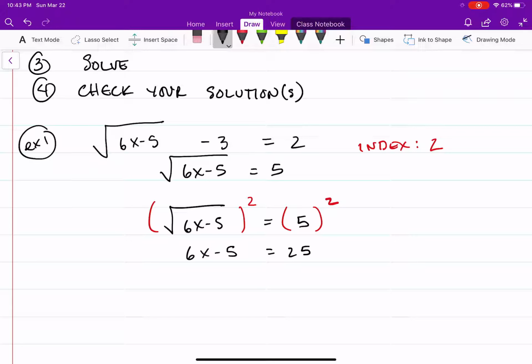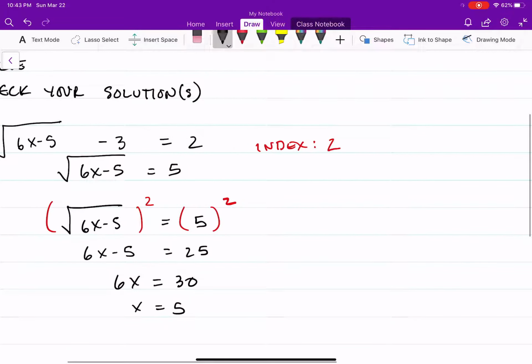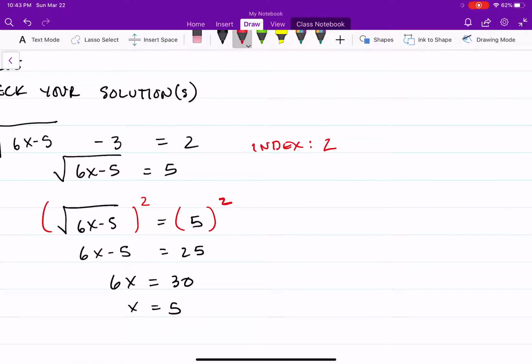So I have to add 5 to both sides, so I'm going to have 6x is equal to 30. Therefore x equals 5. Before I box that answer, however, I do need to check it. And every time I check, I need to use the original equation.